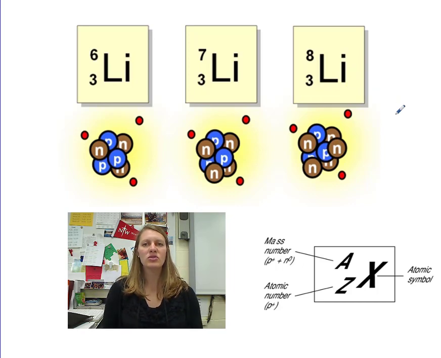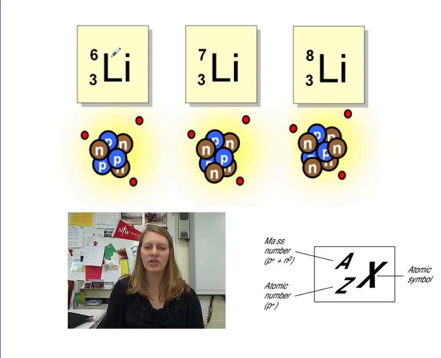And if you look at those, what are the differences between each of those 3 lithium atoms? Hopefully you're realizing that the electrons, the red electrons here, are all the same in number. The number of protons are the same for all 3, but the number of neutrons is what is different, which is also accounted for in the different atomic masses for each.